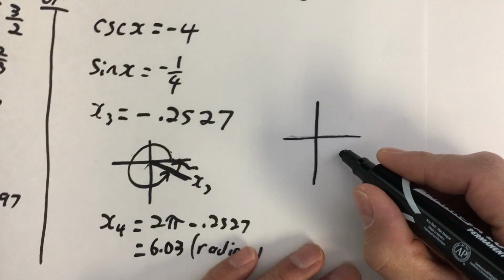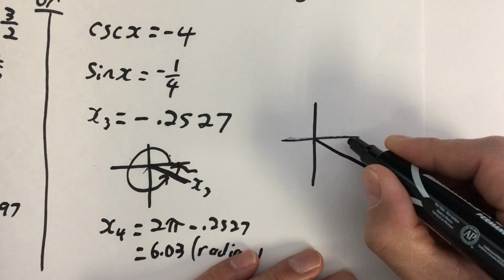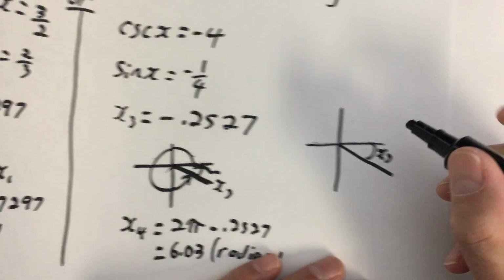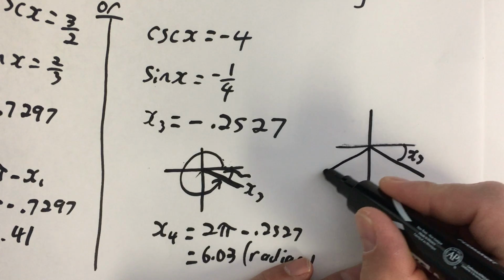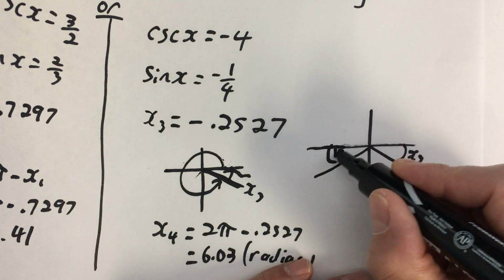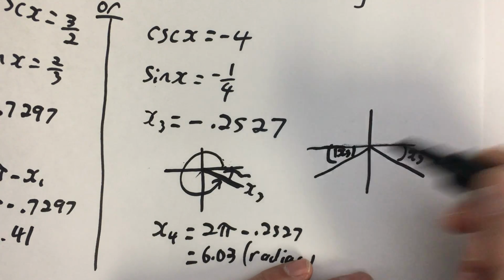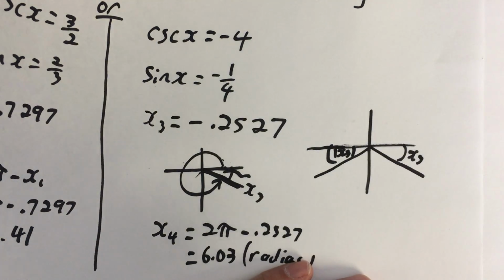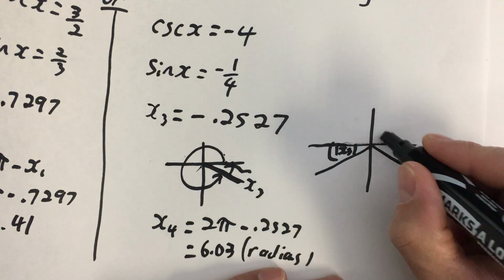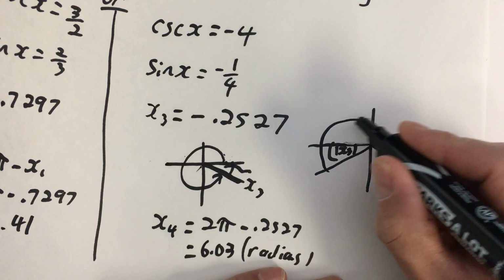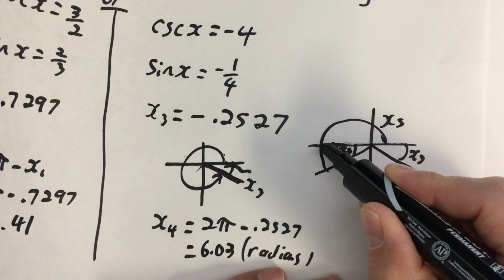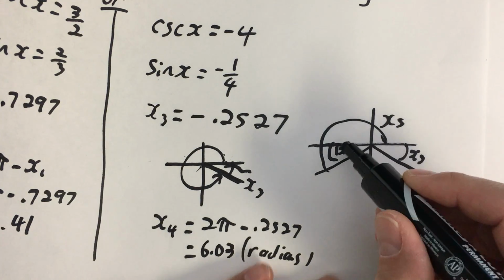So I've already got a solution here, where this angle down here, we've called that x3. My other valid solution is going to be over here, where that's the magnitude of x3. Now I know x3 is a negative. I'm just writing in magnitude. Make it positive. But I'm looking for this angle here. Clearly this angle, call it x5, is going to be pi plus x3's magnitude.